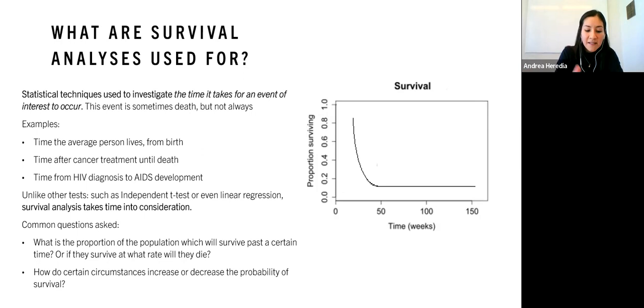And then the second piece is a change in state, like changing from state one, let's say the absence of a disease or of a defined event, and state number two is the presence of such an event. The common questions asked in survival analysis are: what is the proportion of the population that's going to survive past a certain time? Or if they survive, at what rate are they going to die, etc.